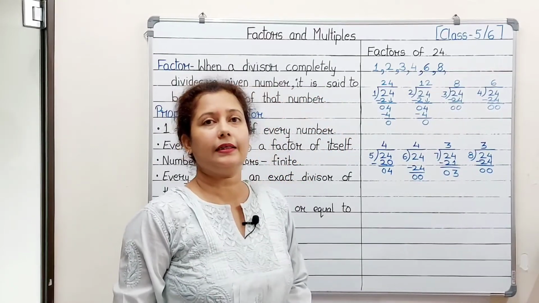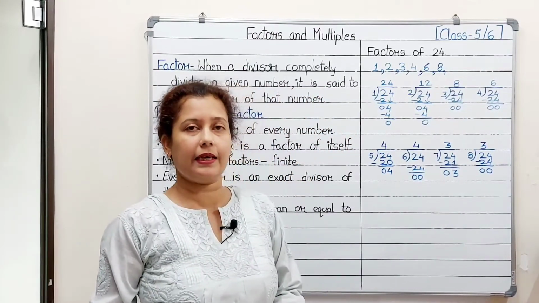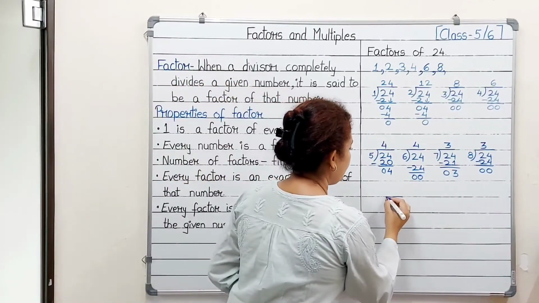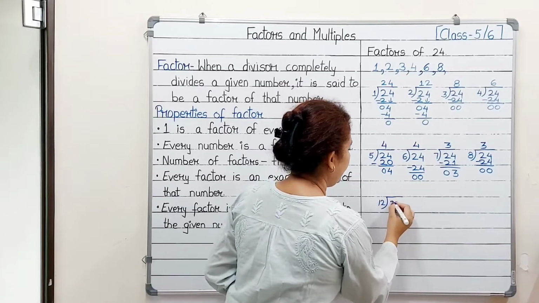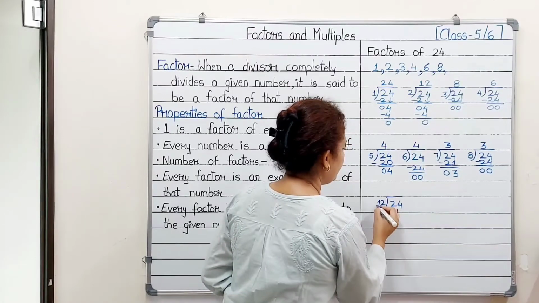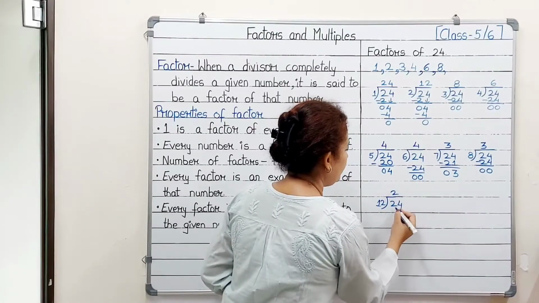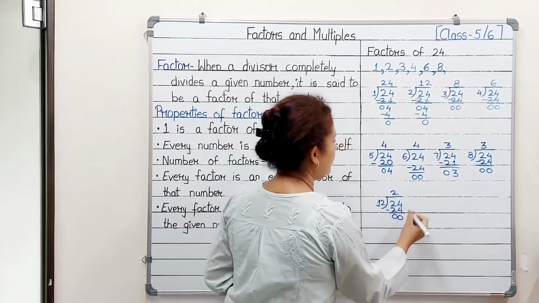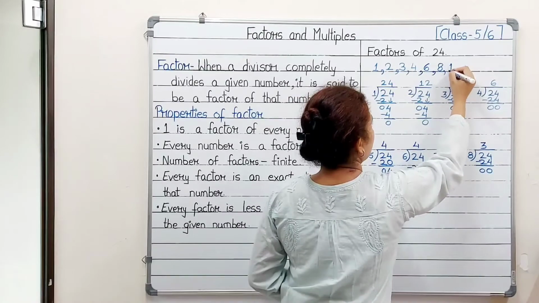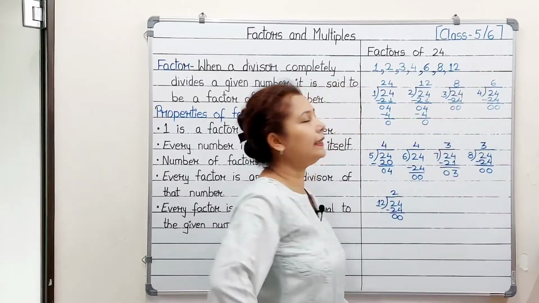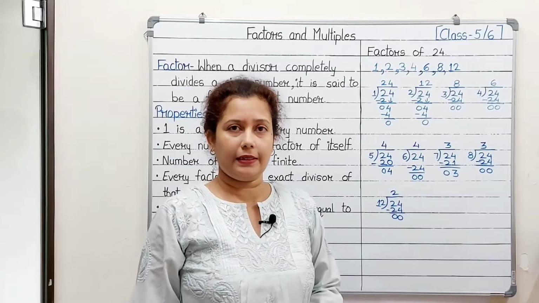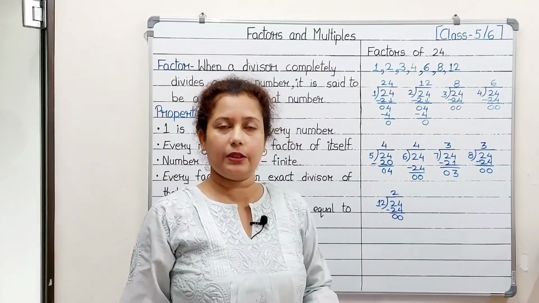Next we know that it is not divisible by 9, 10, 11. Next it is divisible by 12. So 24 divided by 12. 12 into 2 is 24. So your remainder is 0. So the next factor is 12. After that, it is not divisible by 13, 14, 15, 16, 17, 18, 19, 20.